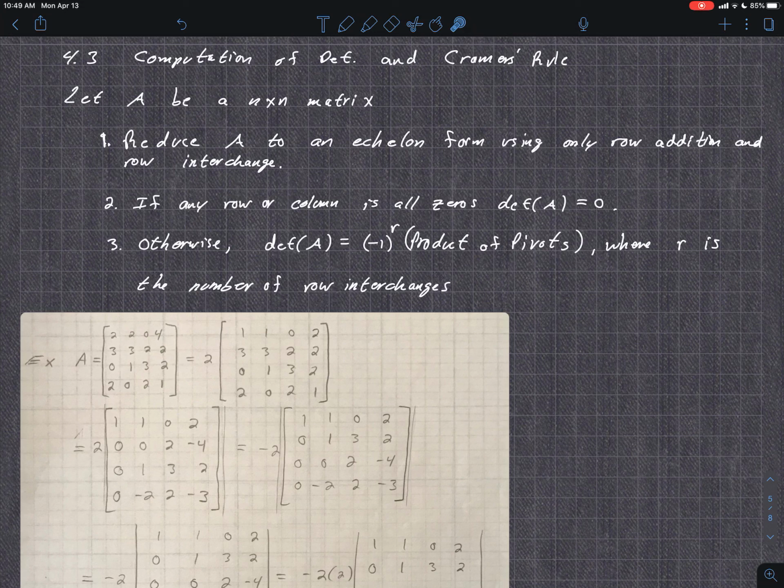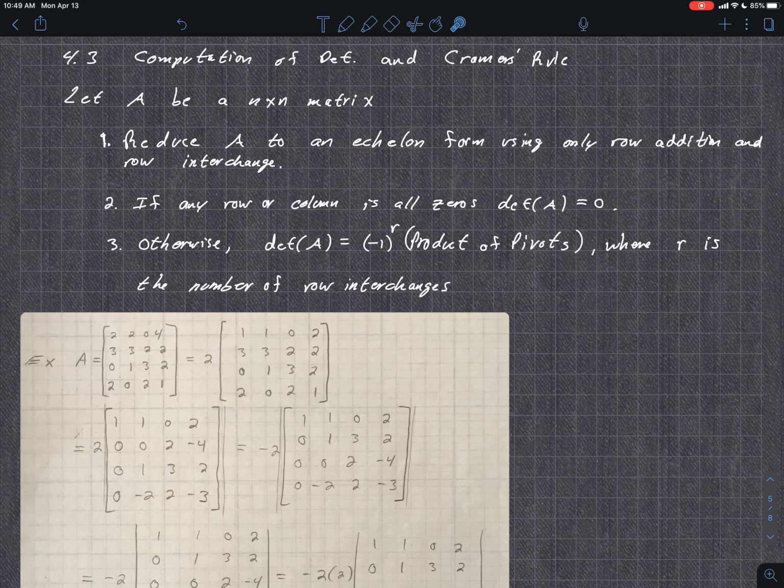But if you do these operations: one, reduce A to echelon form, not reduced, just echelon form, using only row addition and row interchanges. So multiply a row and then add it to a row, or you can interchange a row if needed.